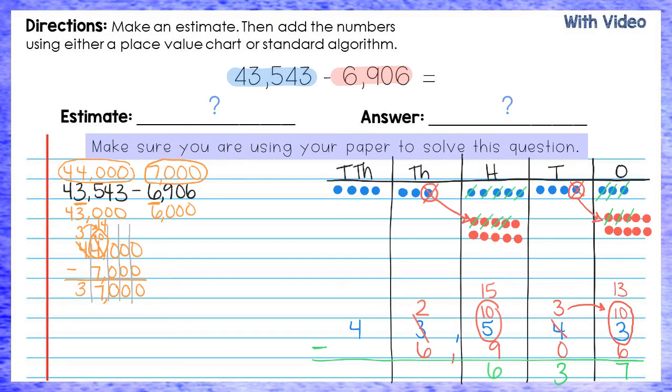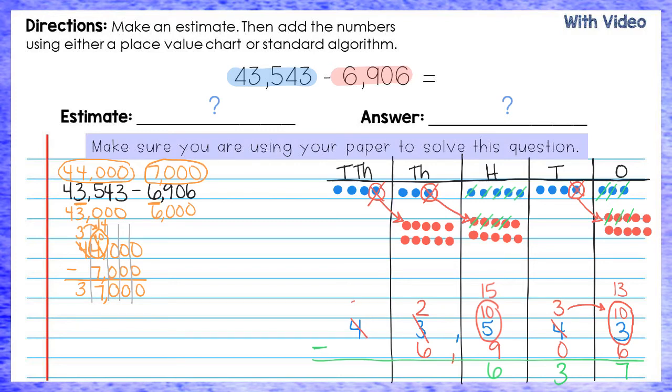In our thousands place, we have 2 thousands. Can we take away 6? No, we can't. So we'll have to come over to the 10,000s and regroup 1 ten thousand into thousands. 1,000, 2,000, 3,000, 4,000, 5,000, 6,000, 7,000, 8,000, 9,000, 10,000. So now we have used our 10,000.